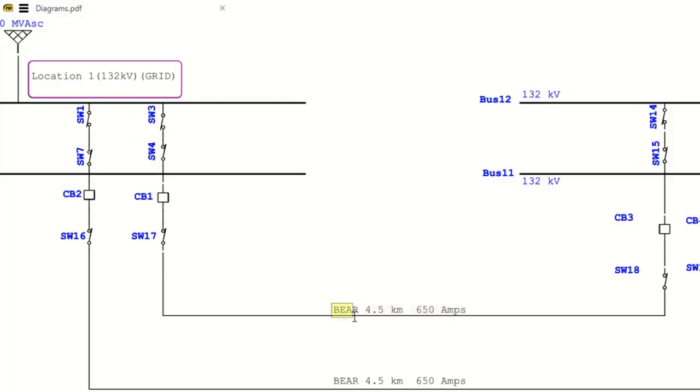Since this is a cable network, you will have an impedance embedded in the cable. Using that reference table, you can replace this cable reference with an impedance, and that will help you determine the short circuit current at this point, because the current has traveled from here to here. So there is a small drop because of the impedance of the line.